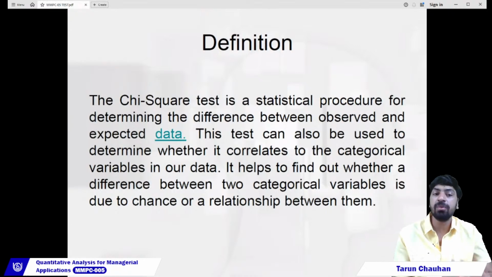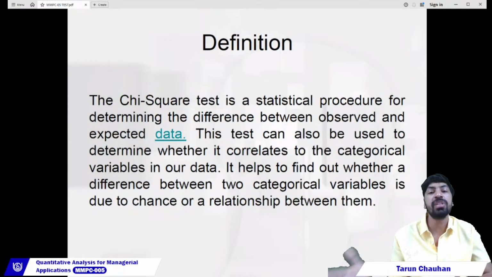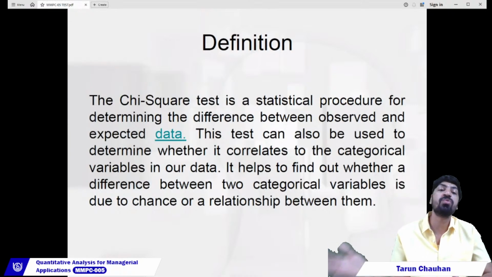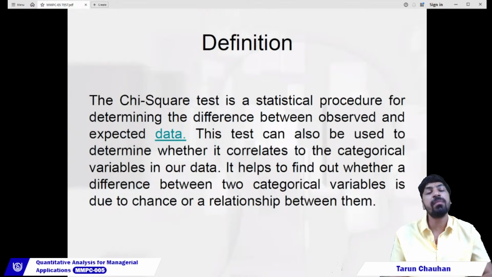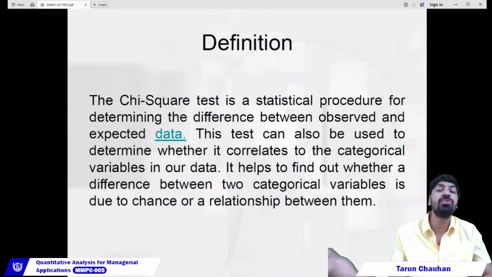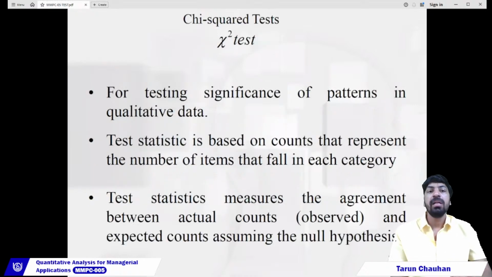So when a particular researcher is willing to test or to find out a difference between two variables, or to associate between two variables, or to find out the relationship between two or more variables, then the researcher will apply the chi-square test. Let's talk about on what basis such a test will apply.